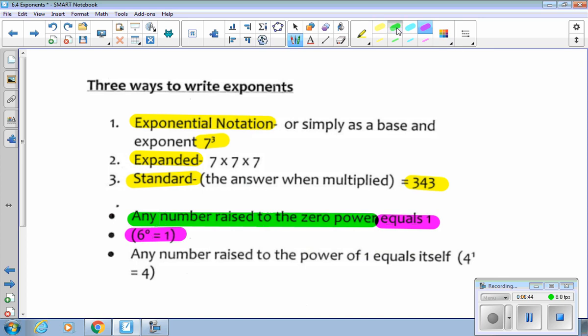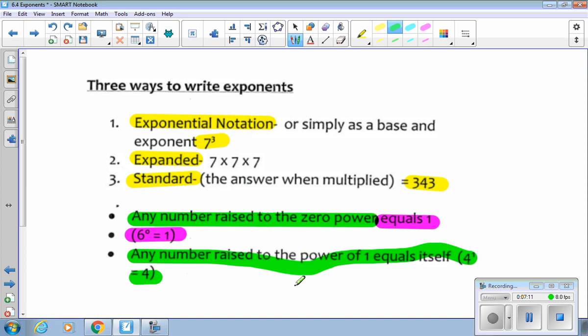The last rule that you really kind of need to remember, and this one is a little bit easier than the 0 rule, is that any number raised to the power of 1 equals itself. So even if you mess up and say, oh, if I do 4 times 1, 4 times 1 still equals 4. So if you mess up, you're still going to get it right on that one, but that's the only one you'll get it right on.